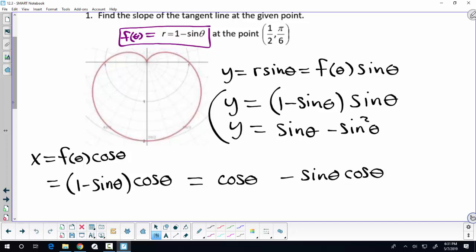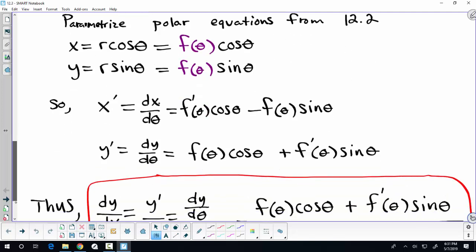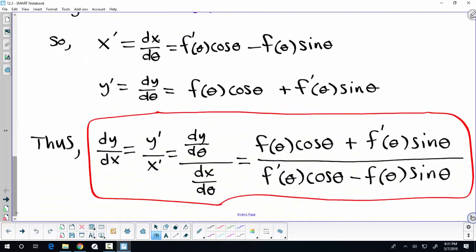We said that our function of theta is r = 1 minus sine theta, and since y is r sine theta, we're just having our r times sine theta for y, and then our r times cosine theta gives us x. So when we look at the derivative, we don't really have to remember the formula. We could just take the derivative of x, the derivative of y, and then divide them to get the derivative. dy on top, right?